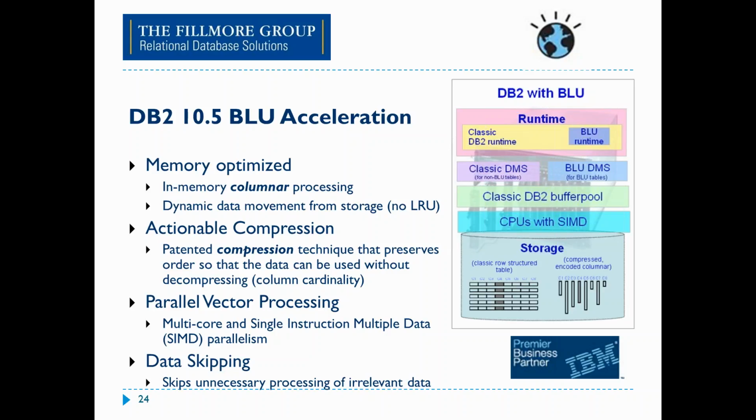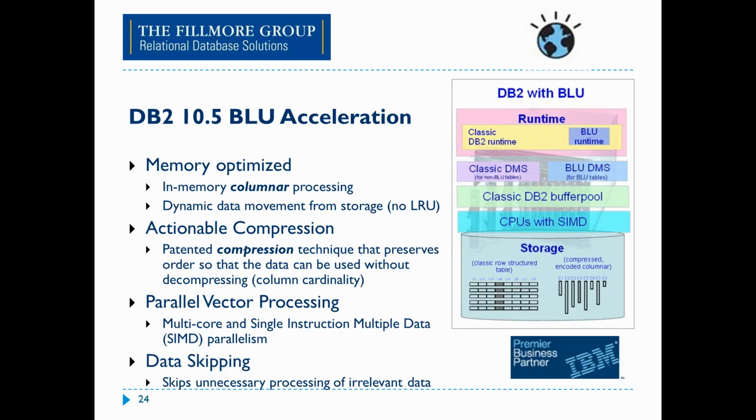The compression that is used is something called actionable compression, meaning that the data can be evaluated without decompressing by using the column cardinality, or the number of occurrences of the values within the column. The SIMD processing, single instruction, multiple data, allows me to look at multiple different pieces of data while executing a single instruction. So I can get much greater parallelism.